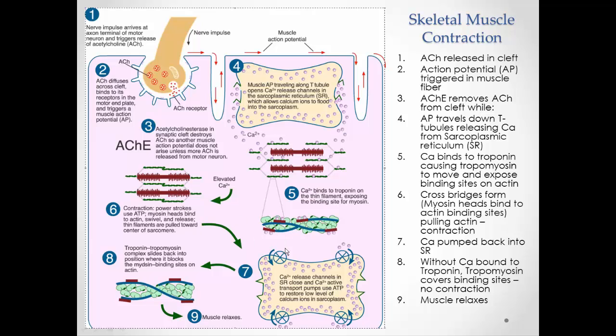Now as soon as the calcium is released, it starts to get pumped back into the sarcoplasmic reticulum. If I pump all that calcium back, there's no calcium on the troponin, which means the tropomyosin moves back, covering the binding sites. Myosin can't form cross bridges anymore, so the muscle is going to relax.